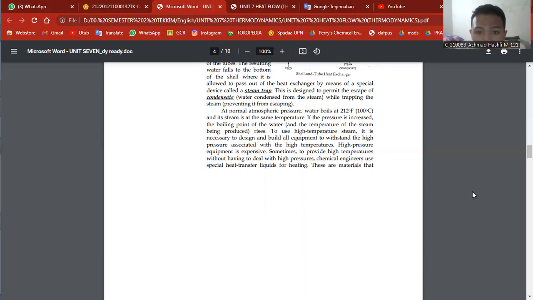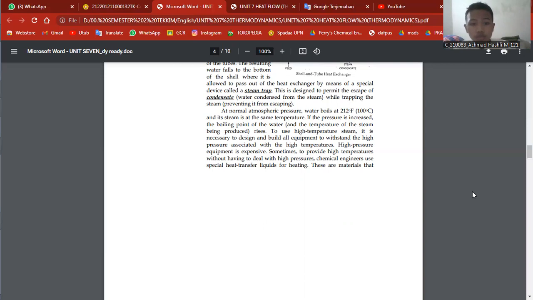To use high temperature steam, it is necessary to design and build all equipment to withstand the high pressure associated with the high temperatures. High pressure equipment is expensive.